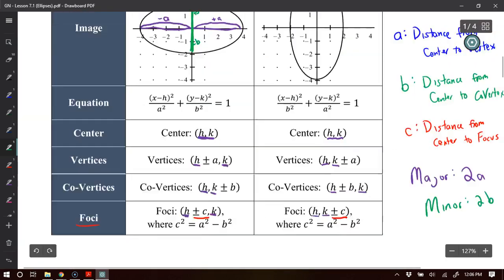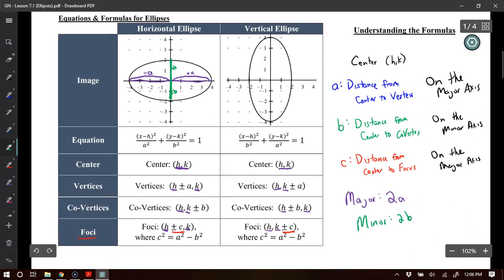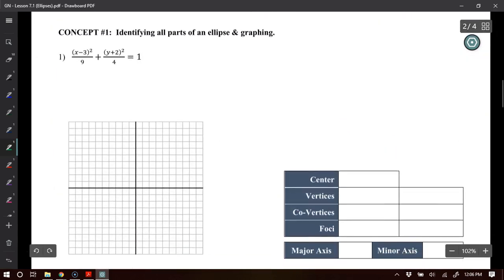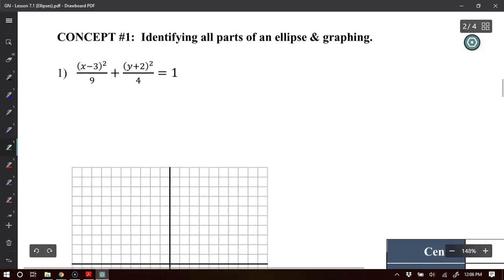So we're going to get more ideas of these and more practice with these when we do the examples. And so there are 3 concepts that are going to be on your quiz for this. The first concept is identifying all parts in the ellipse and graphing. And so when you're given an equation, the first thing you want to figure out is is it a horizontal or is it a vertical ellipse?